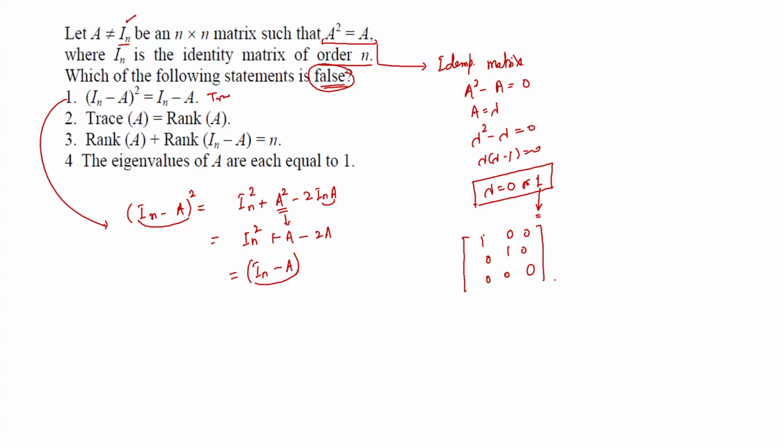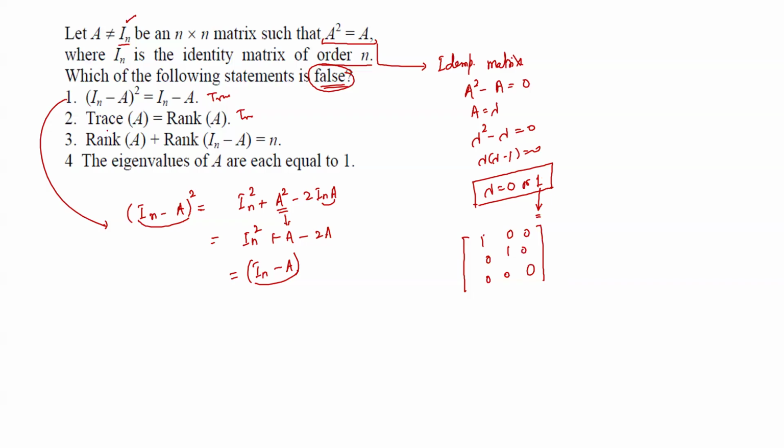Also the rank of this matrix is 2. We can also say that for an idempotent matrix, trace is always equal to rank. Okay, because when you know the eigenvalues of a matrix, we can write it in terms of a diagonalizable matrix, where we can put all the eigenvalues of the matrix on the diagonal. So the second also comes out as true.